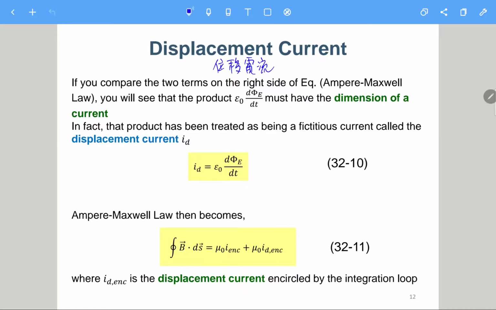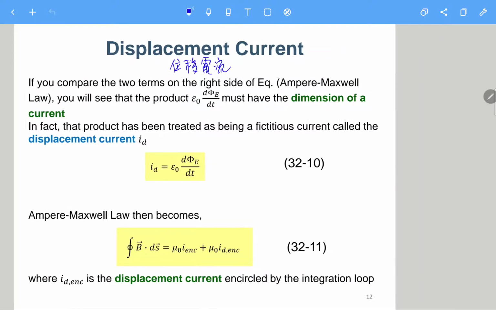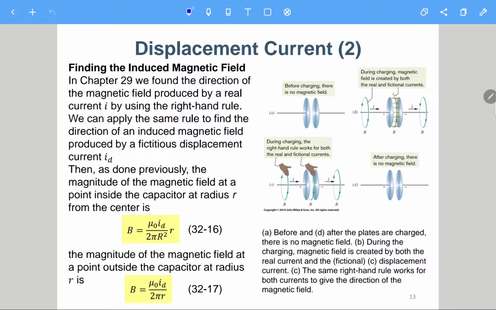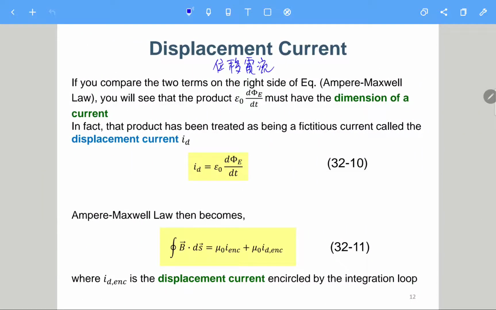And actually, you can just regard the displacement current as the current going through the capacitor. So it is like I_D equals epsilon naught dΦ_E/dt.